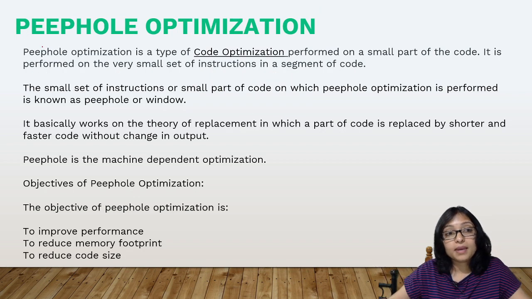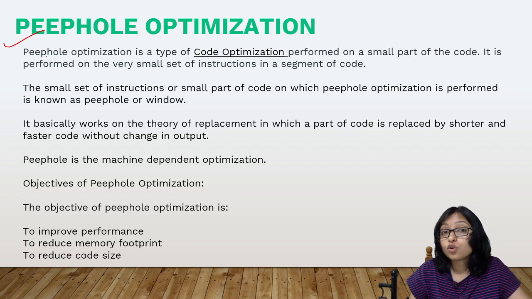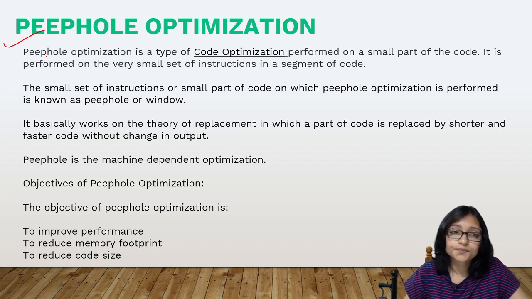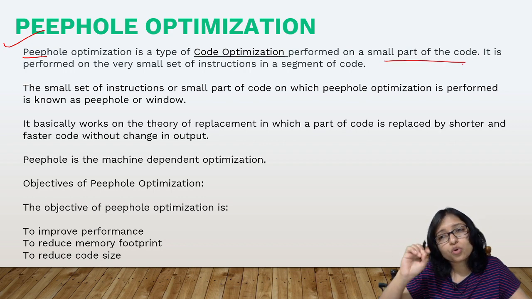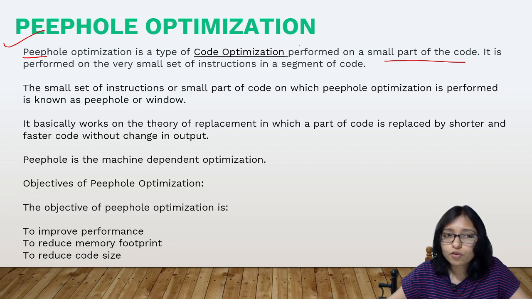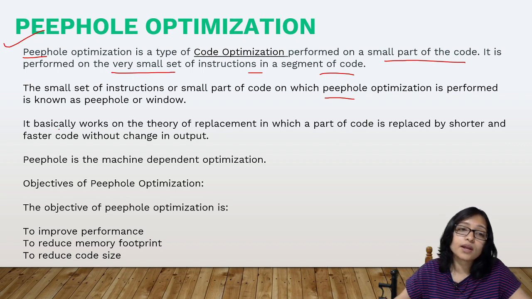Next one is peephole optimization. This is very important. Questions are coming, and this is the last topic of this video. I hope you are watching till now. So peephole optimization is a type of code optimization where a small part of the code, the peephole, a very small set of instructions, is worked on.